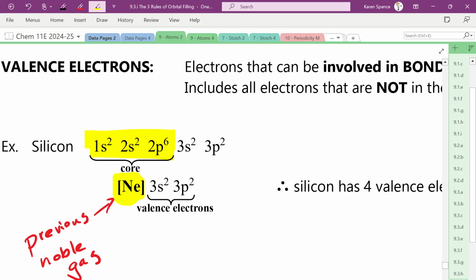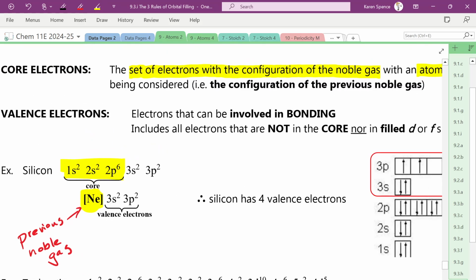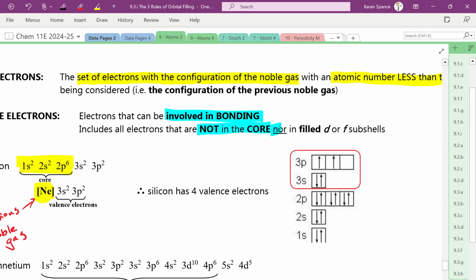And then the valence electrons are electrons that can be involved in bonding. This means they are not in the core, but they are also not in filled d or f subshells.